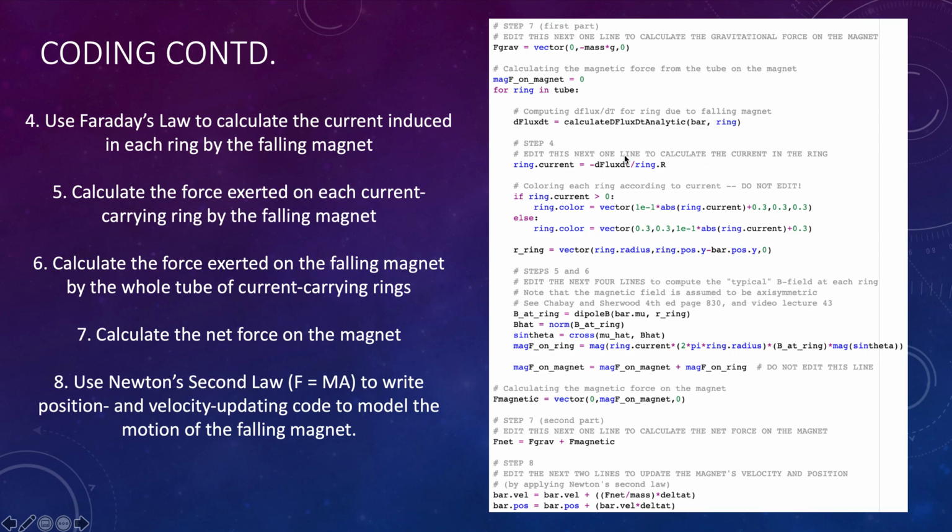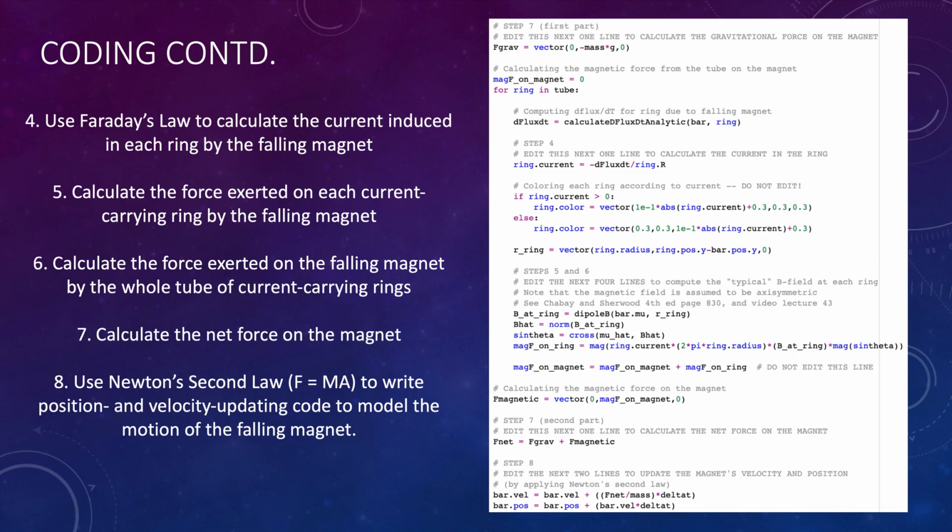And then we had to calculate the force exerted on each current carrying ring by the falling magnet, and then calculate the force exerted on the falling magnet by the whole tube of current carrying rings. So first we calculated the force exerted on each current carrying ring, and then we know from Newton's third law that the magnitude of the force exerted on each ring, if you add them all up, should be the magnitude of the force on the magnet.